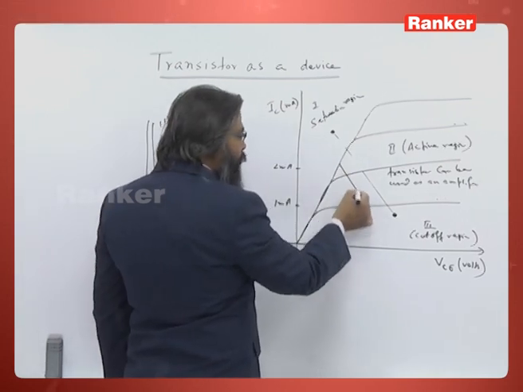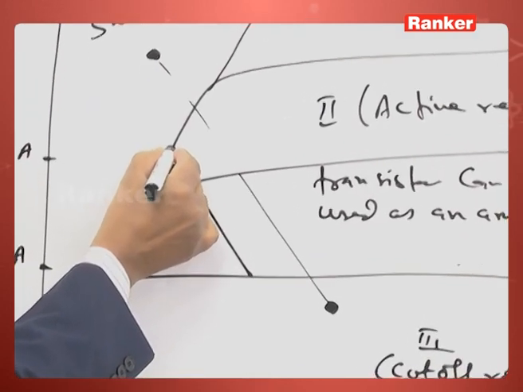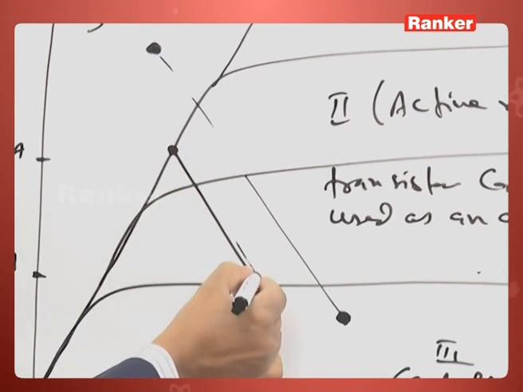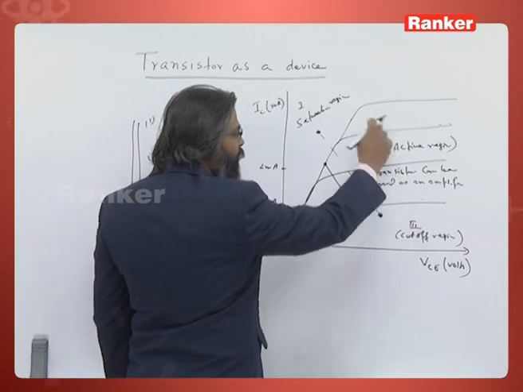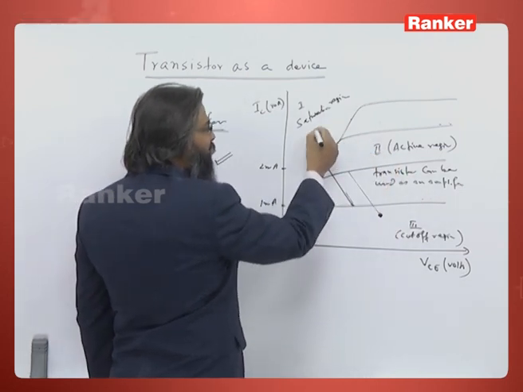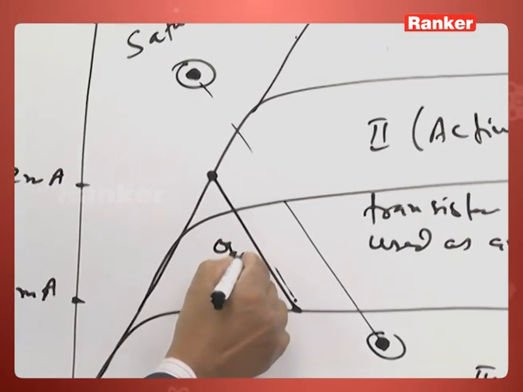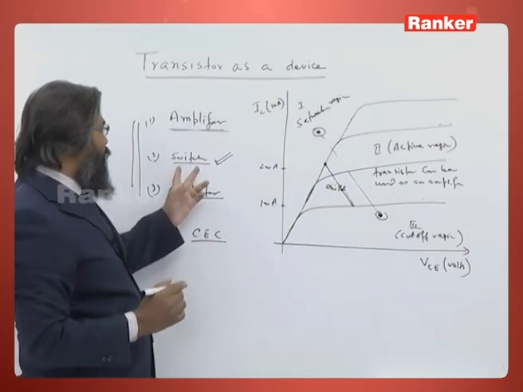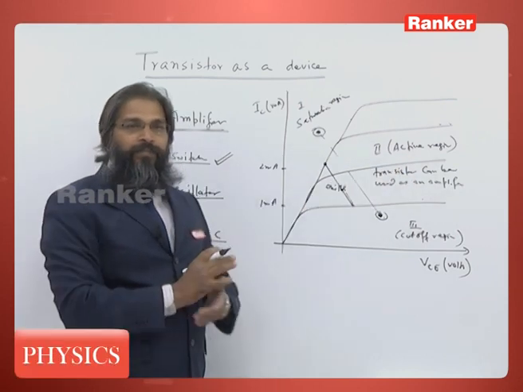It should be always in the active region, and at one time it comes to saturation, then again to cutoff. Whereas in an amplifier you should not touch the boundary, you should be within the active region. So the oscillator can be used between these points, the switch between these two points, and the amplifier can work in this region.